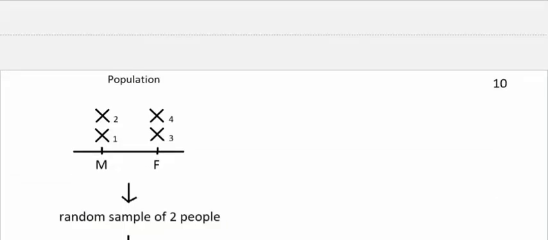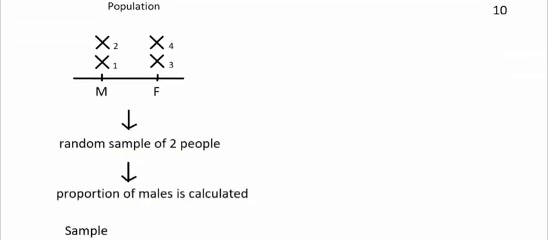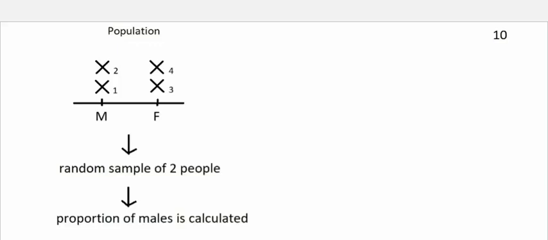And then here is the beginning of problem 4. So this one is a little bit different than the others because you're not calculating a mean, you're calculating a proportion. So what I want you to do here is imagine you're selecting 2 people from this population and you're calculating the proportion of males in your sample.